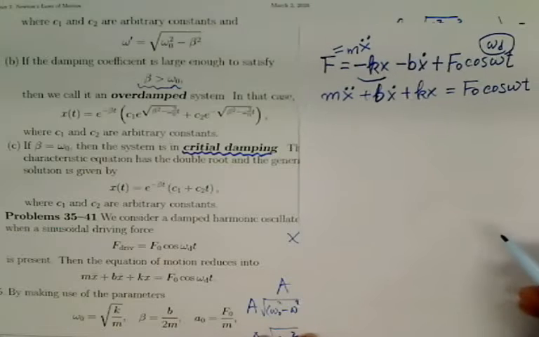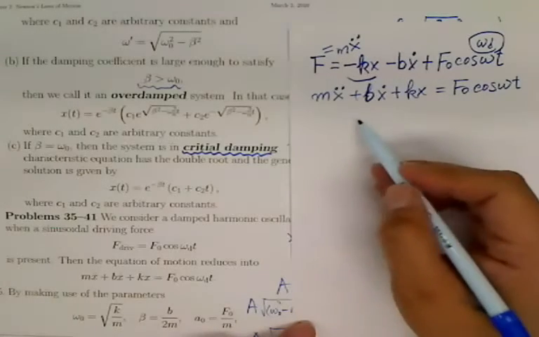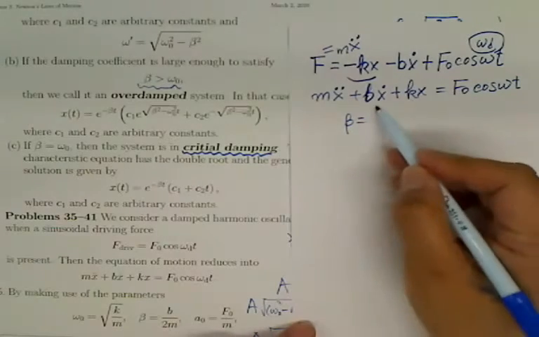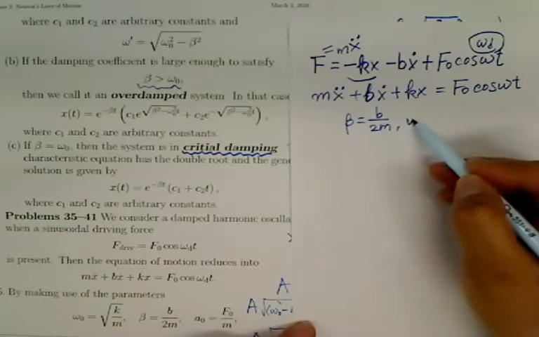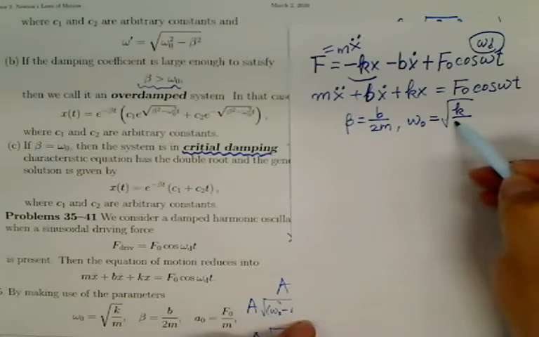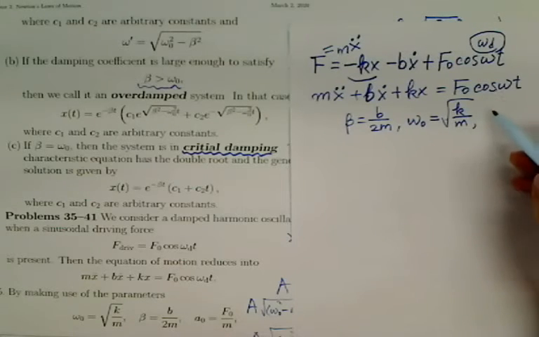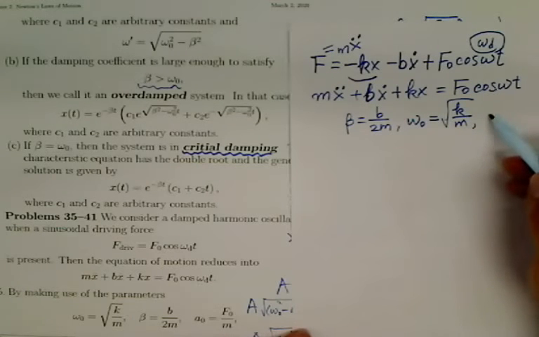Let us divide both sides by m and make use of the definitions beta equals b over 2m and omega 0 equals the square root of k over m. And let us define force divided by mass as an acceleration, a0.